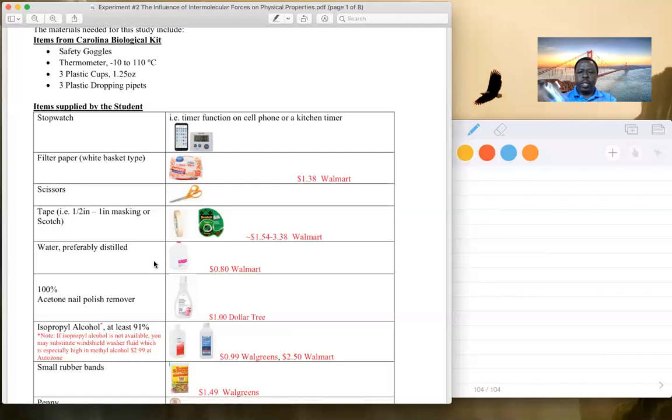So you can label these 3, 1 for acetone, 1 for H2O, all right, and the other one is for isopropyl. And label them, please. You will cut to size the filter paper and use the tape, all right?